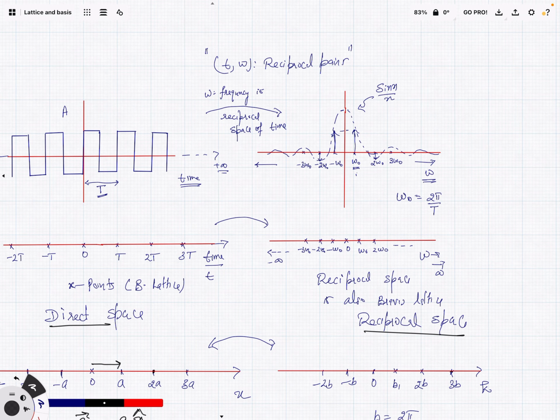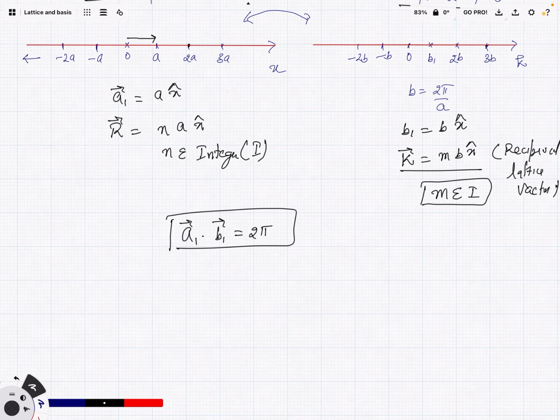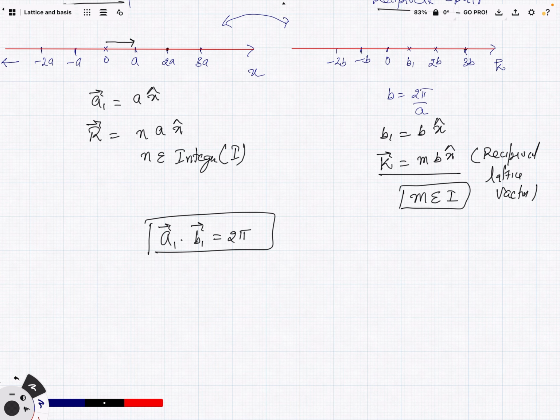This was the condition which gave us frequency; we are just making it generic. And similarly, r vector dot k vector has to be 2 pi times some integer, let us say mnp, where p belongs to integers.